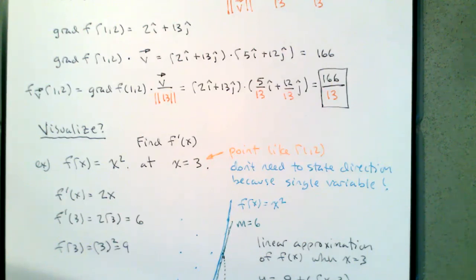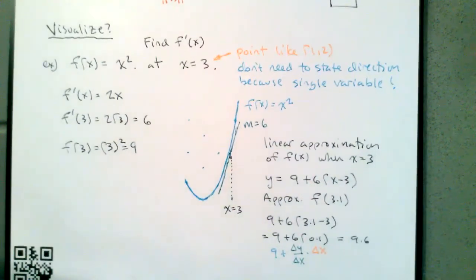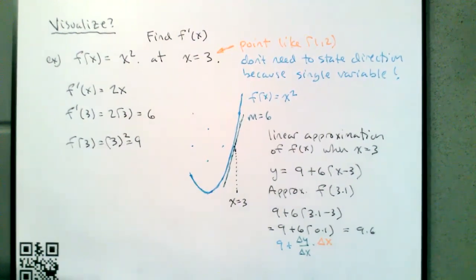We want to try to compare what we've done before with single variable functions, where we calculate the derivative at a point and use that to tell us how much the function is changing approximately at that point, what direction the function is going at that point.